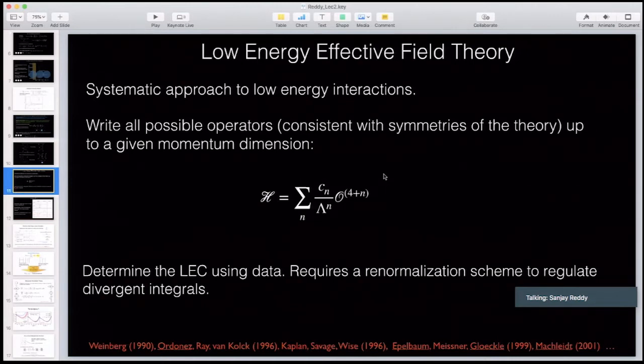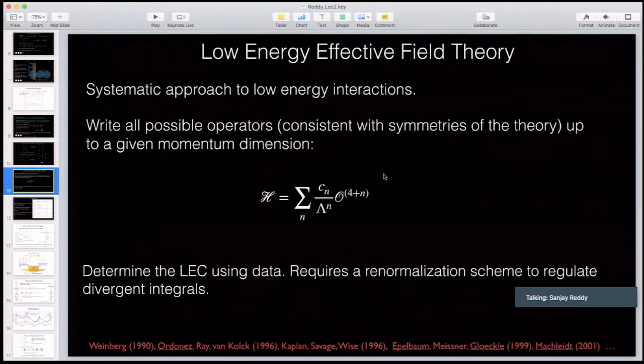But the physics, the scattering cross sections or the binding energies, should not depend on the cutoff. So this regulation scheme should be such that the coefficients change smoothly to preserve the physical parameters when you change the scheme by which you regulate the divergent integrals that appear when you try to solve something like the Schrodinger equation.